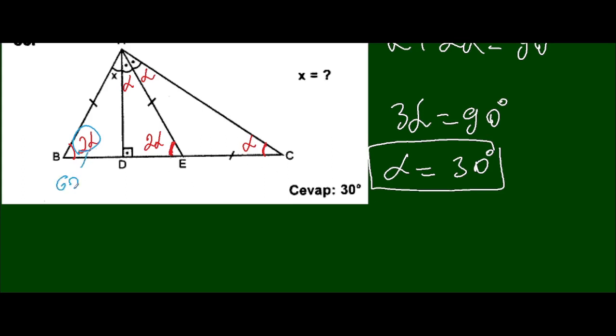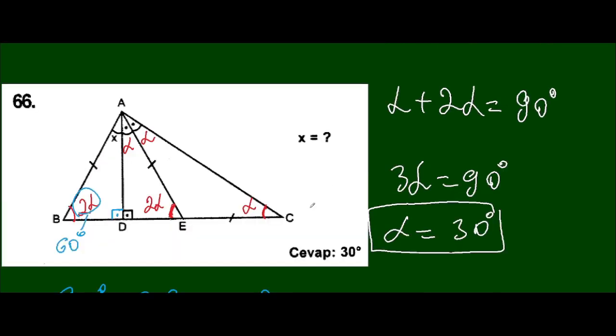Here it will be 60 degrees, and this will be 90 degrees, as you can see. So x will be 90 degrees minus 60 degrees. 90 minus 60 will give us 30 degrees. That is equal to x. And this is true. This was our last problem.